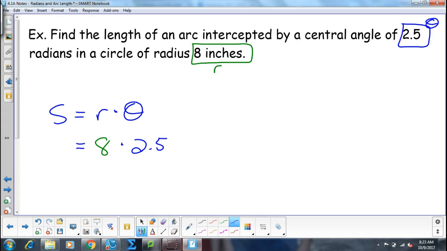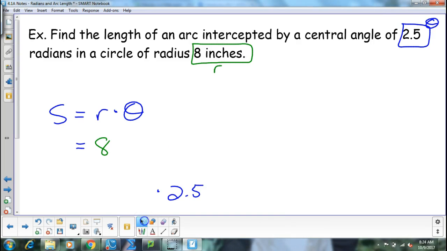Because I'm in radians, I can use it as is. So what is 8 times 2.5? 20?